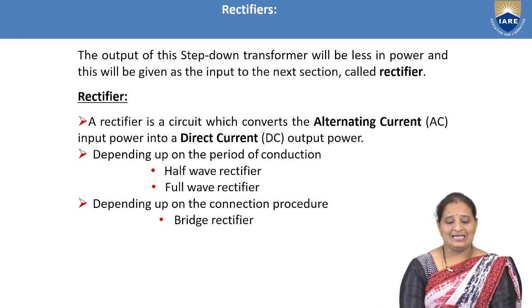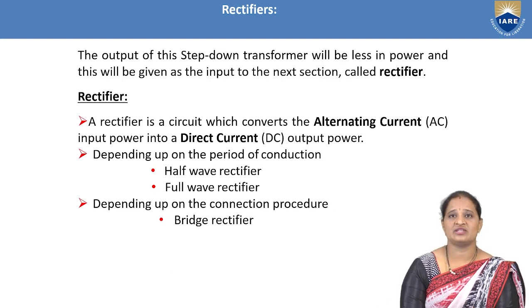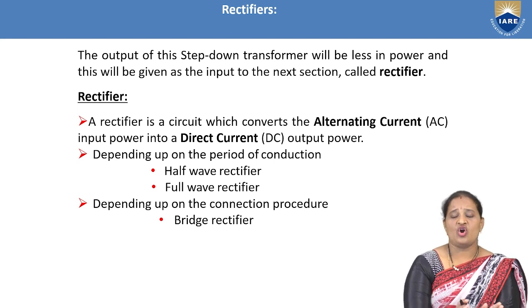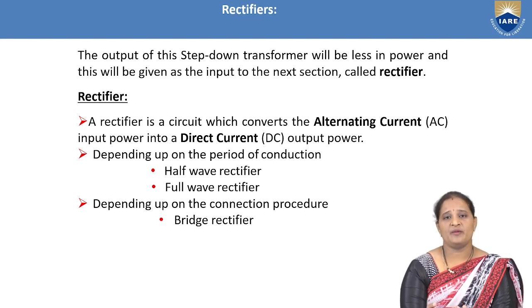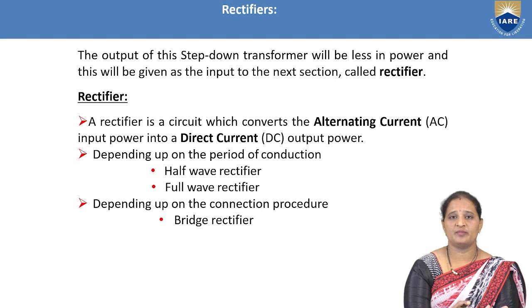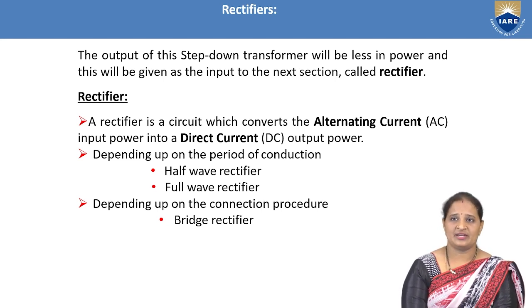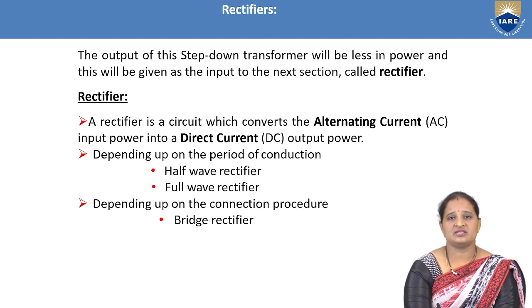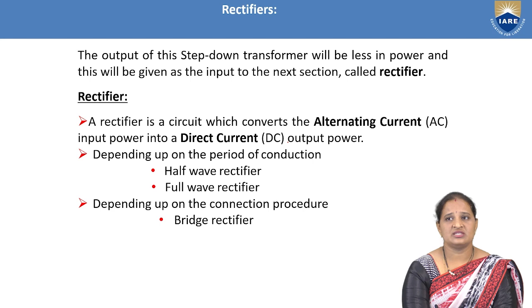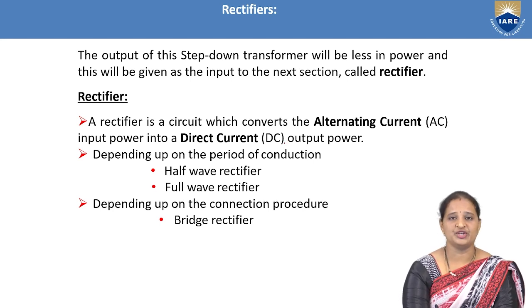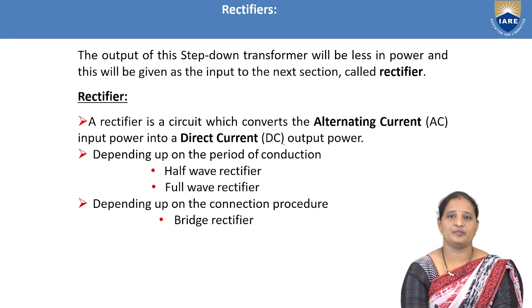Now let us enter into the topic, that is rectifier. According to the block diagram, the output of the step down transformer is given as input to the rectifier. So what is a rectifier? A rectifier is a circuit which converts alternating current input power into direct current output power.